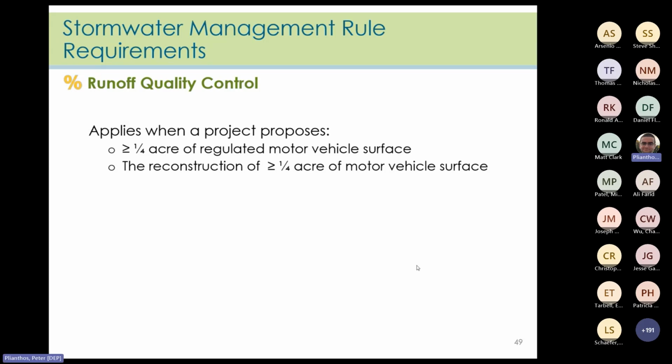As we touched on earlier in this presentation, reconstruction means the replacement, rebuilding, or restoration of a lawfully existing structure. Also, just to note that local SCOs might have a stricter threshold for meeting the water quality standards, as was mentioned in the last presentation. So definitely check the local SCO.